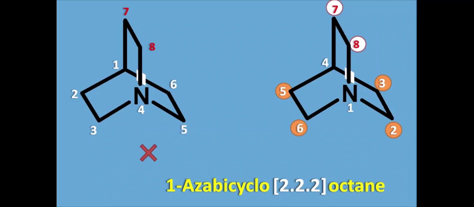So we can write it as 1-aza bicyclo[2.2.2]octane. Thank you.